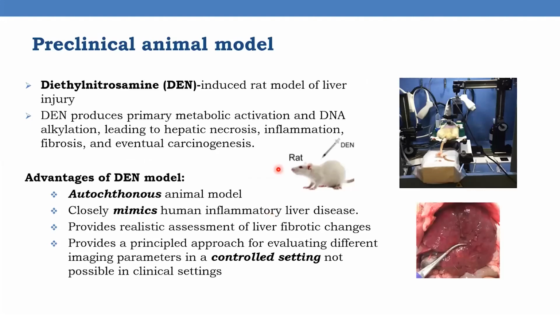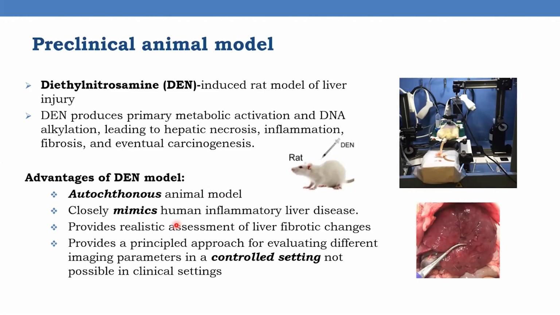In our studies, we used a diethylnitrosamine, DEN, rat model of liver injury. DEN is an established hepatotoxin that triggers the hepatic inflammation, fibrosis, and carcinogenesis axis. The DEN model provides a number of advantages, including being an autochthonous, naturally occurring animal model.